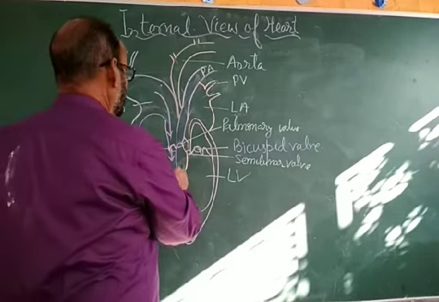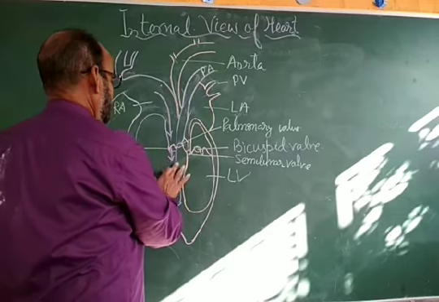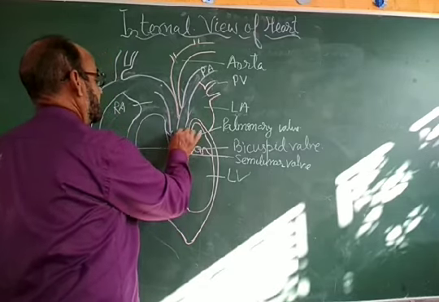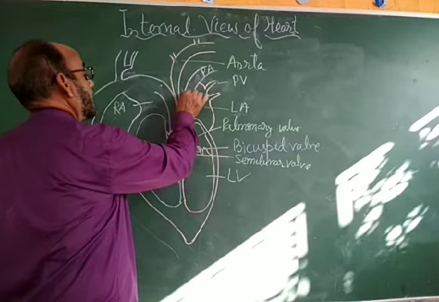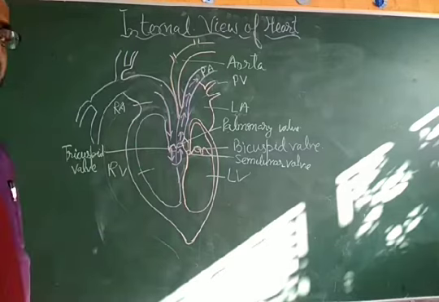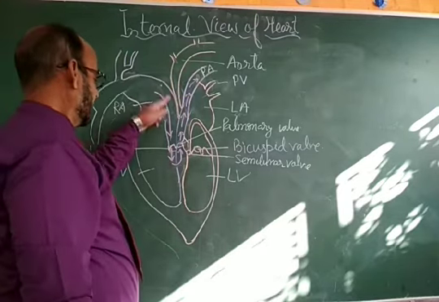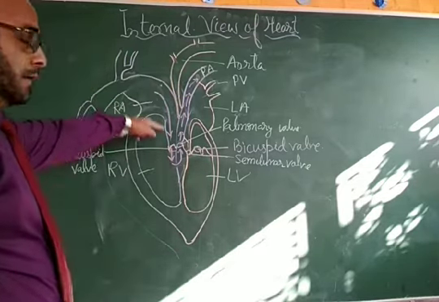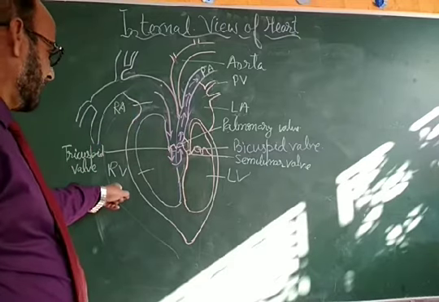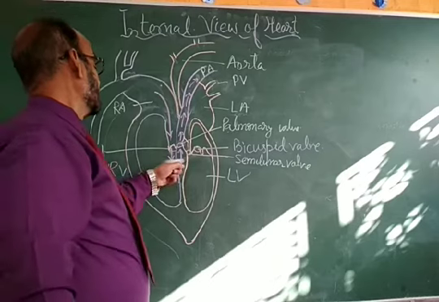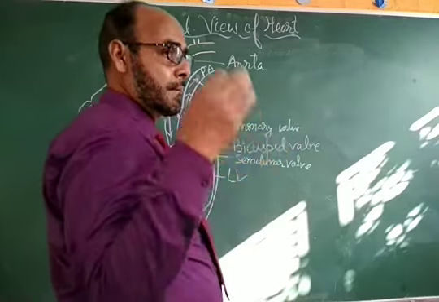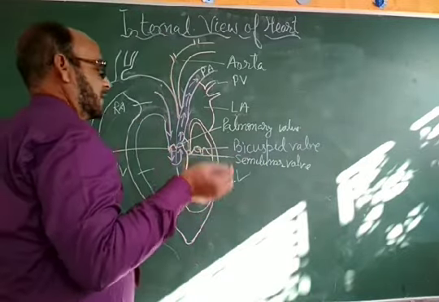Then it is going to the pulmonary artery for oxygenation, because this is the deoxygenated blood. So blood is coming inside the heart through the vena cava into the right atrium first, then the right ventricle second, then it is coming through the pulmonary valve into the pulmonary artery, going to the lungs for the oxygenation.